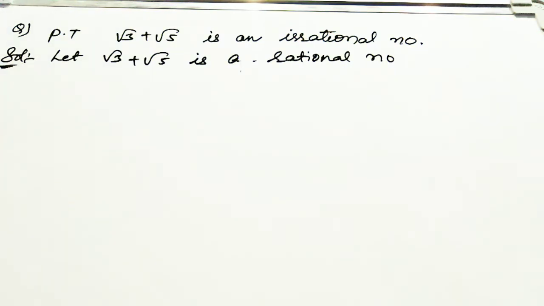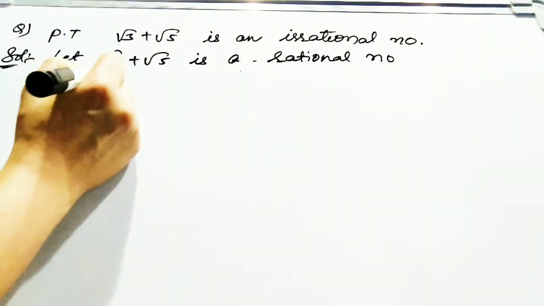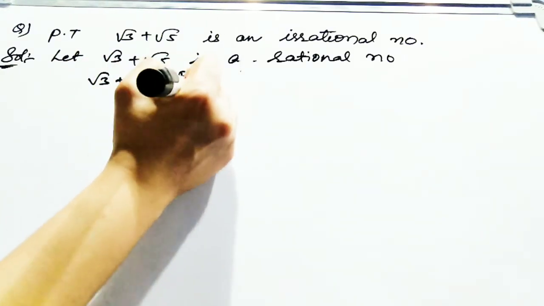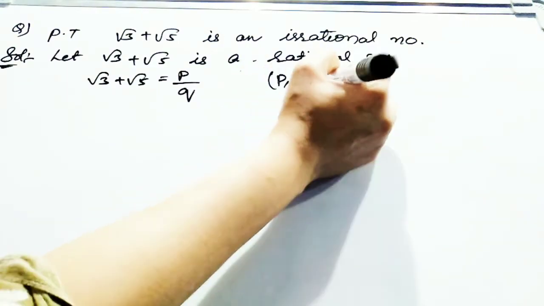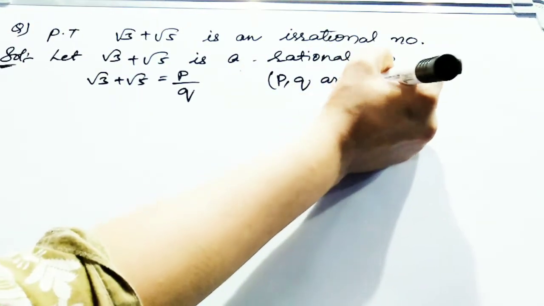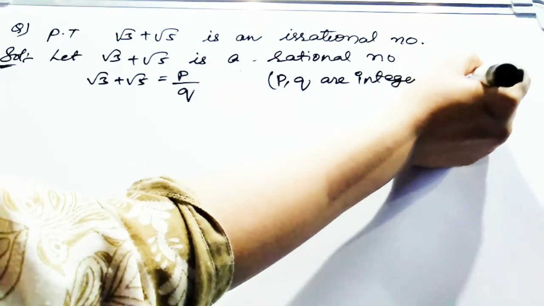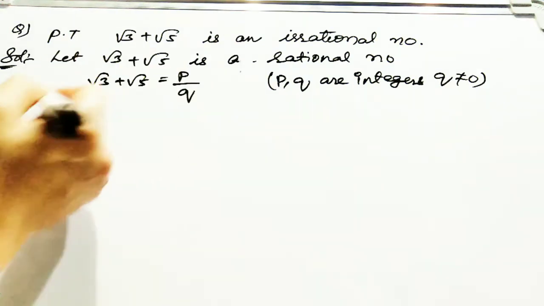So let root 3 plus root 5 be a rational number. Whenever you say rational number, it must be in the form p by q, where p and q are integers and q is not equal to 0.